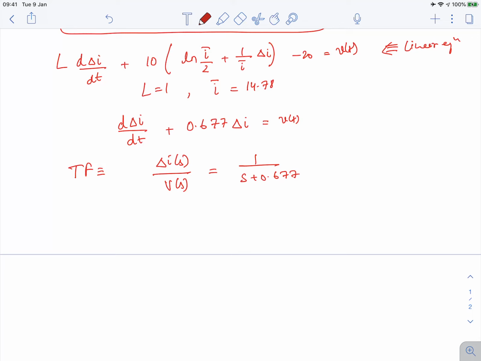I think we can stop here on linearization today, because from the next class we will see the time domain analysis, or basically the responses and some performance indices or specifications.